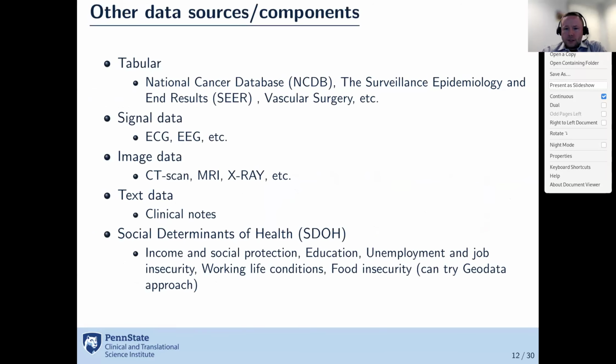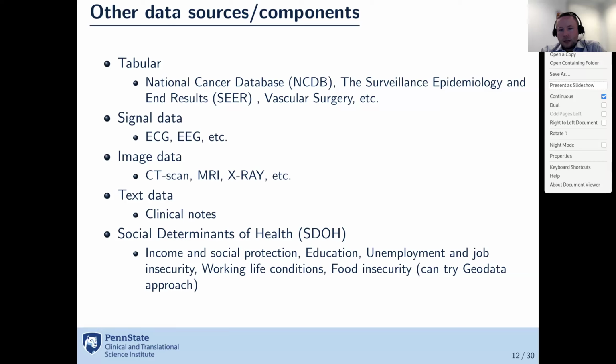So other data sources or modes of data that we have experience with in previous or ongoing projects include NCDB and SEER, and also, in different domains, specifically curated research databases such as vascular surgery databases that some members of our group have been working on.